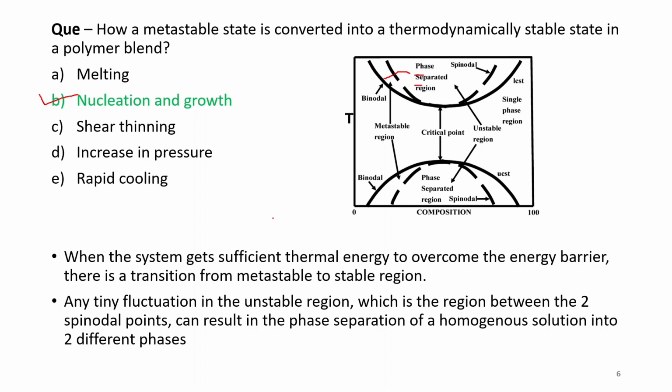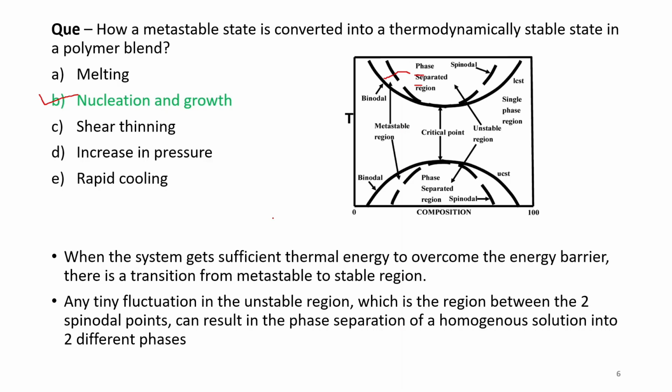When the system gets sufficient energy, it overcomes the barrier to get into the thermodynamically stable state. Because of rapid heating and cooling, the system goes into the metastable state to get the local minima, so that the system is in a temporary equilibrium kind of situation.